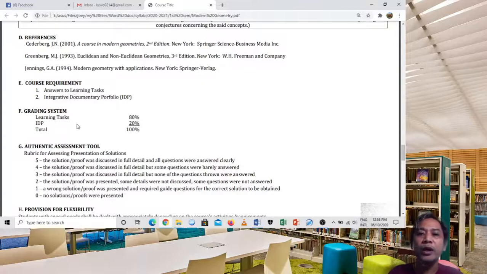I hope you already understand what we meant by this integrated documentary portfolio, as discussed in the orientation. By the way, the distribution would be 80% of your grades from the learning tasks, and the remaining 20% from your portfolio.